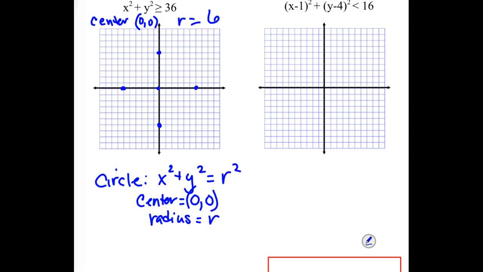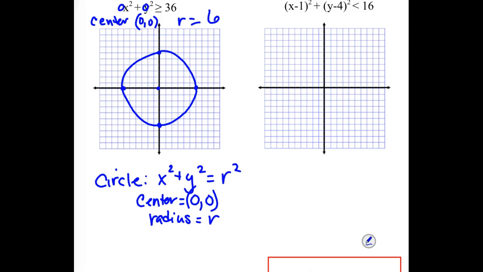Should I make that circle solid or dotted? Solid, okay. And then, can we test the origin? Origin is not on the outside edge of my circle, so I can use the origin. Does it work? If I put zeros in there, is 0 greater than 36?